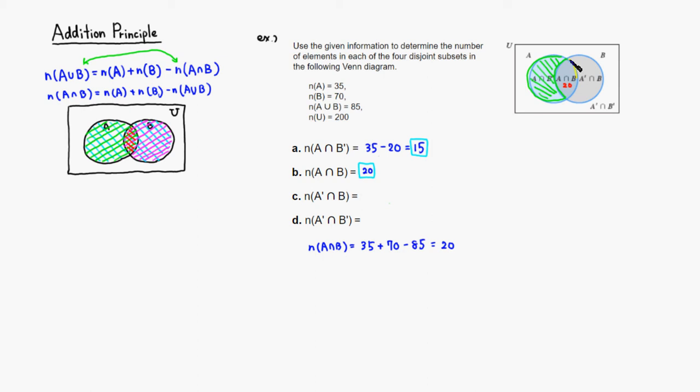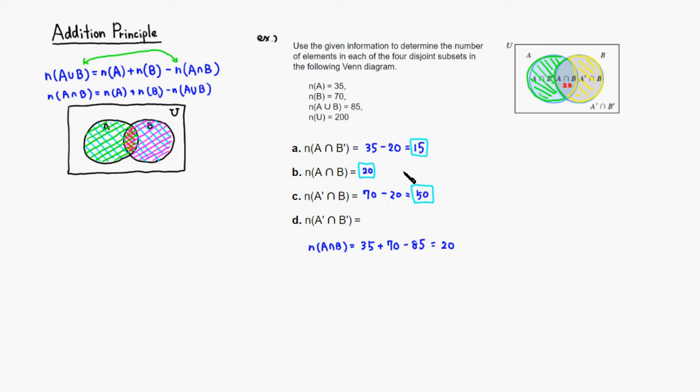Since the number of elements in B is 70, you just have to subtract the number of elements in A intersect B, which is 20, so that'll be 50.